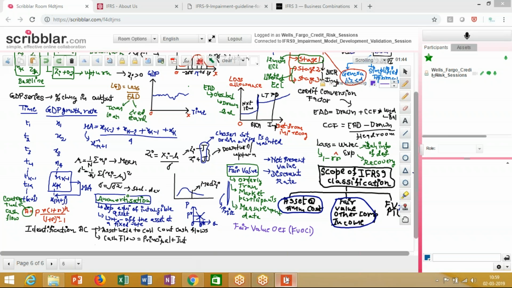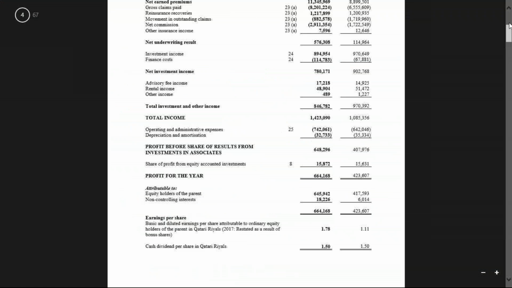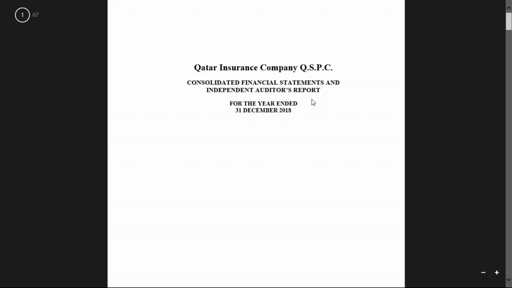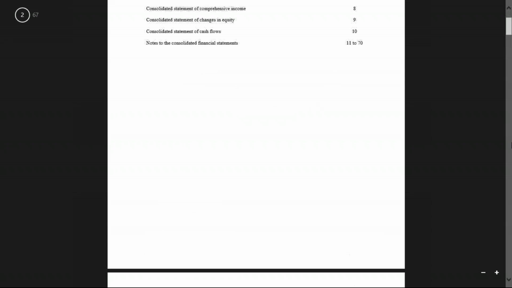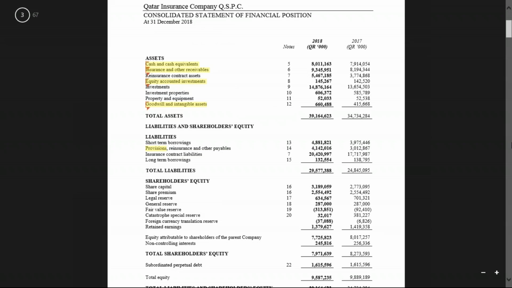And to substantiate that, we studied the financial statement of an insurance company called the Qatar Insurance Corporation. On the asset side, impairment is computed for assets, not for liabilities. We saw cash and cash equivalents, insurance and other receivables, reinsurance contract assets, equity accounted investments, goodwill, and intangible assets.